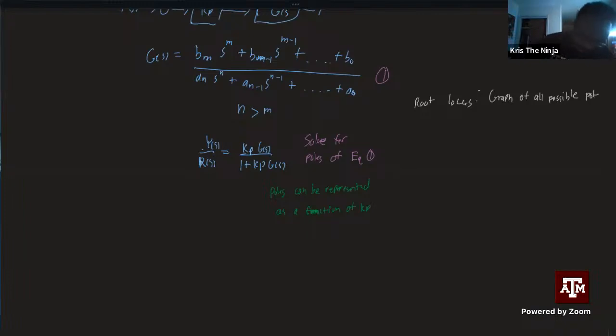All right, so a root locus is the graph of all potential poles of equation 1 relative to the parameter Kp. That's what I was trying to clean up. So that's when Kp changes from 0 to infinity.